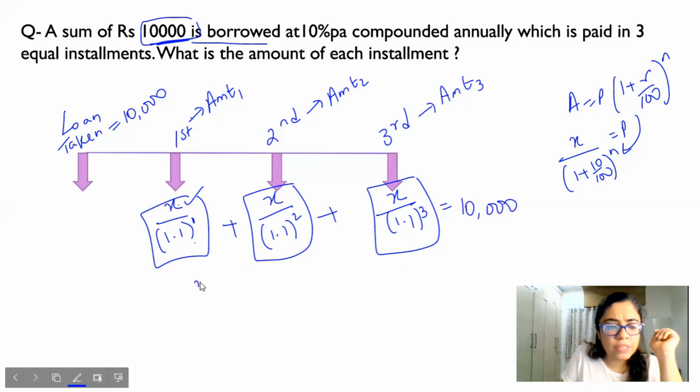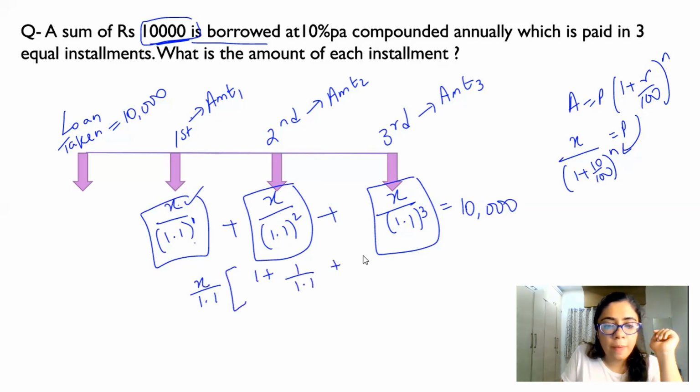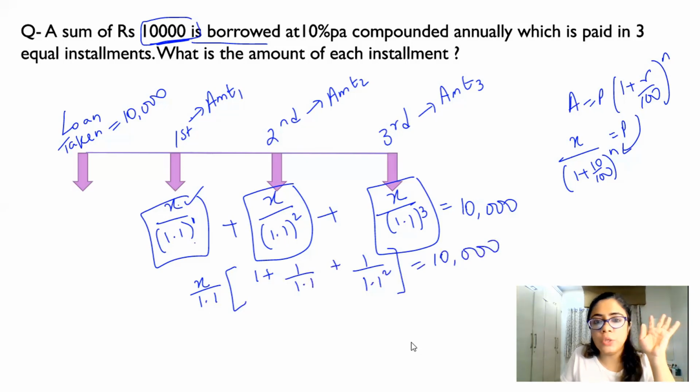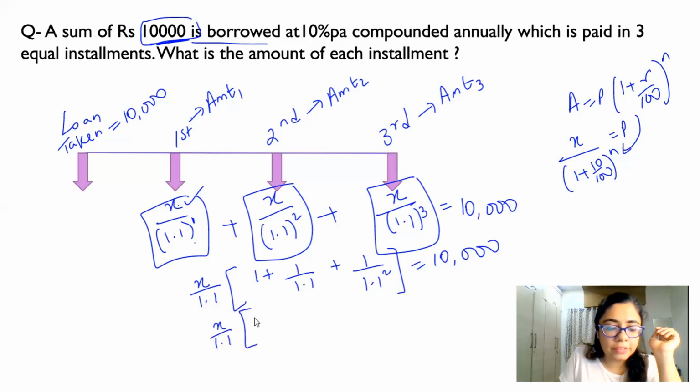So here what you can do is take X upon 1.1 common. So you will have 1 plus 1 upon 1.1 plus 1 upon 1.1 square, that is equal to 10,000. Now all you have to do is just the calculation. X upon 1.1, I'm equating the denominator to 1.21.